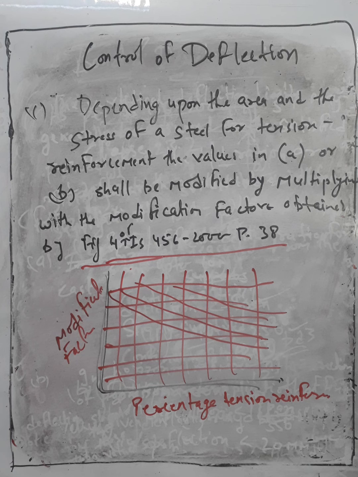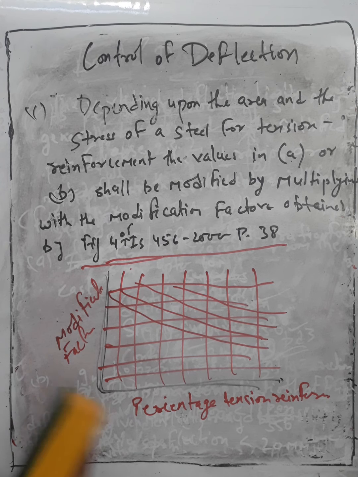When you consider the tension reinforcement, the A and B values are modified by the modification factor, and this value we find with the help of this figure given in IS 456:2000 on page number 38.